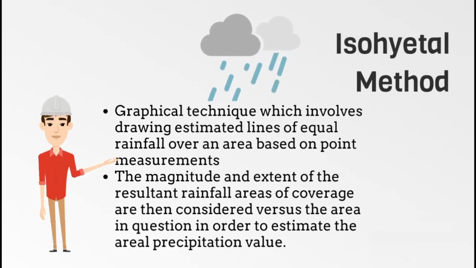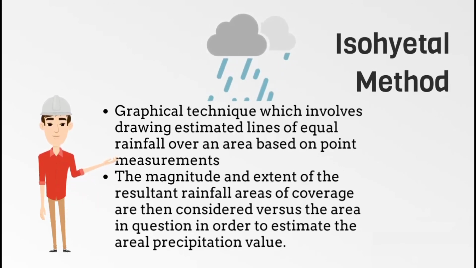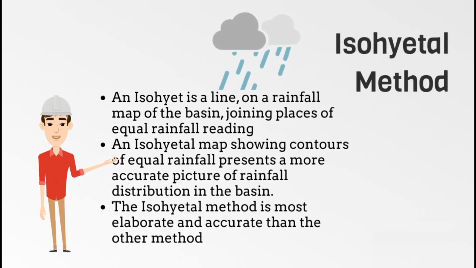Isohyetal method. This is a graphical technique which involves drawing estimated lines of equal rainfall over an area based on point measurements. The magnitude and extent of the resultant rainfall areas of coverage are then considered versus the area in question in order to estimate the areal precipitation value. An isohyet is a line on the rainfall map of the basin, joining places of equal rainfall readings.